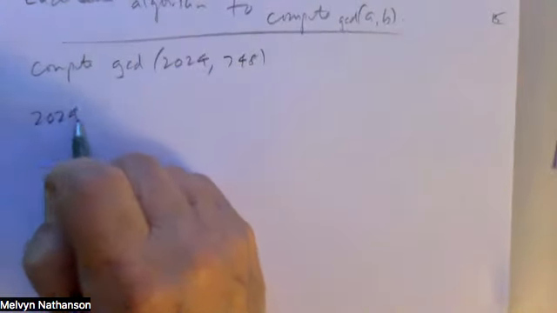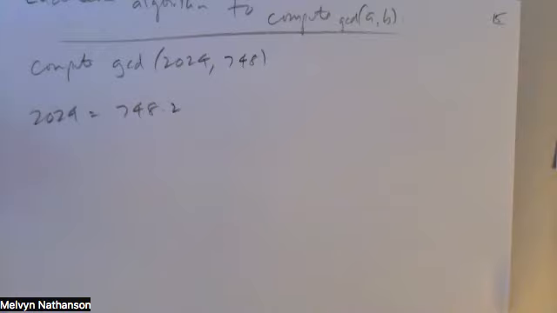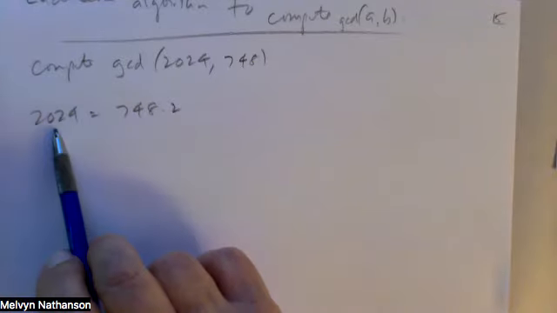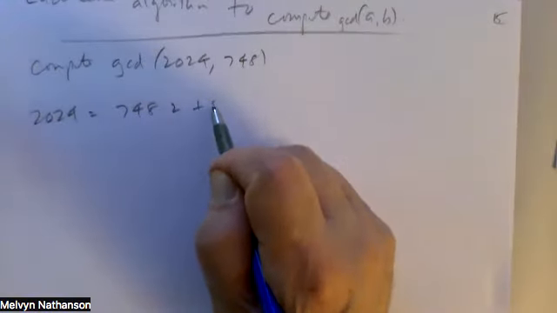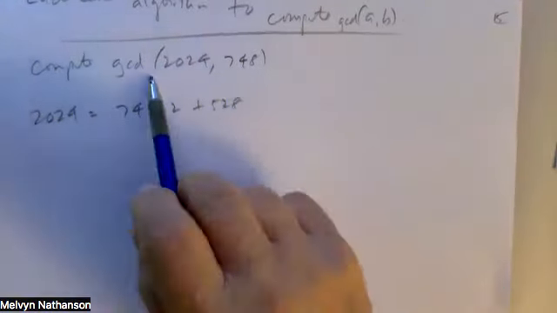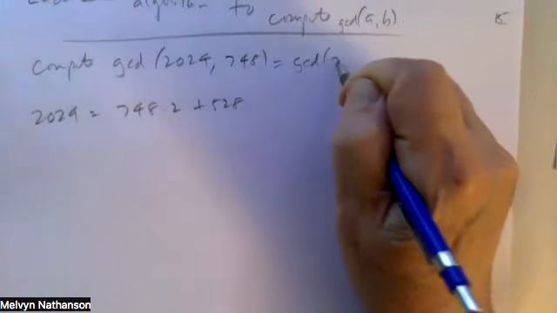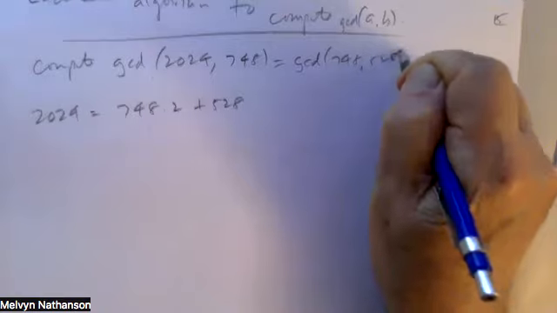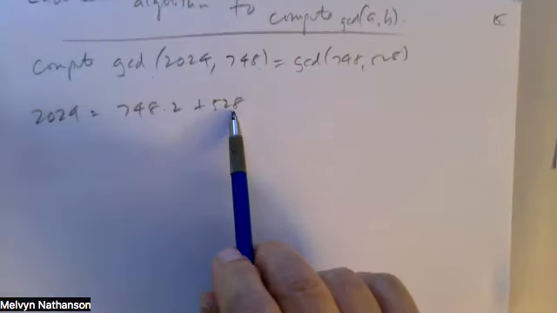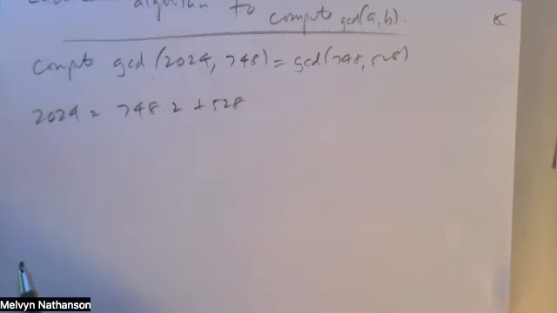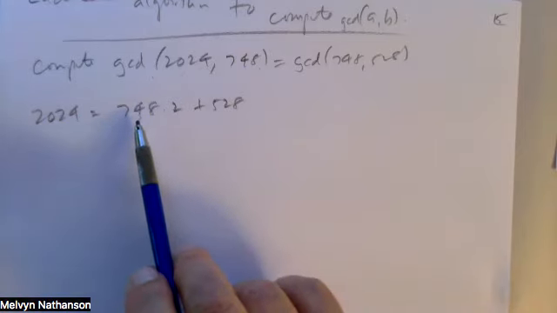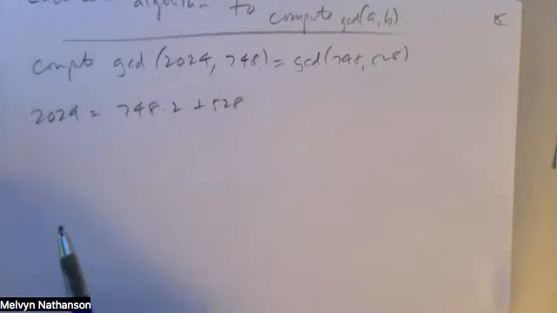So if I take 2024 and divide it by 748, you can check that 748 goes into 2024 two times and leaves a remainder of 528. So the greatest common divisor of 2024 and 748 will be the same as the greatest common divisor of 748 and 528, because this is the remainder when you divide 2024 by 748. But this is easier to calculate because the numbers are smaller.